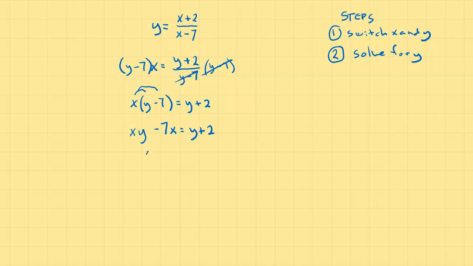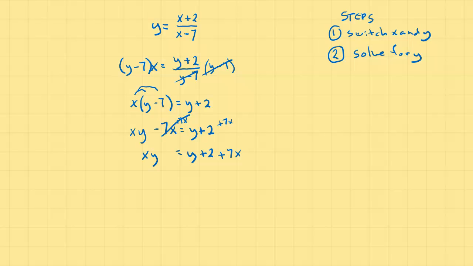So let me do that. So xy is equal to y plus 2 plus 7x, okay, because I added 7x to both sides. See, plus 7x, make a little note of it here, plus 7x, okay, and these cross out.